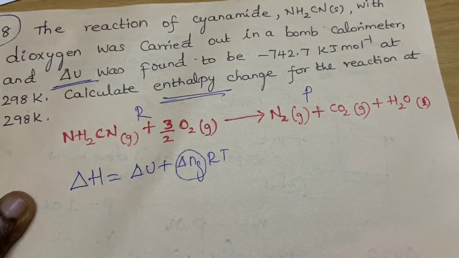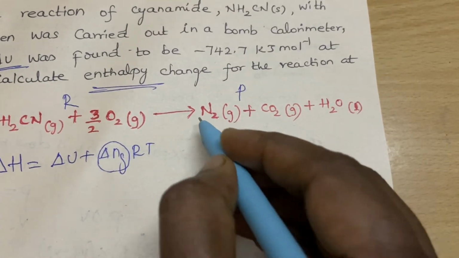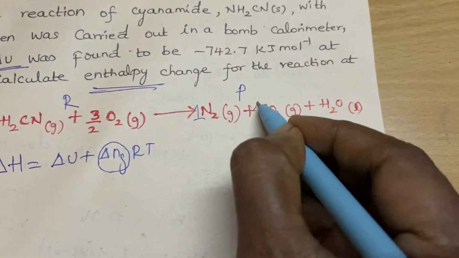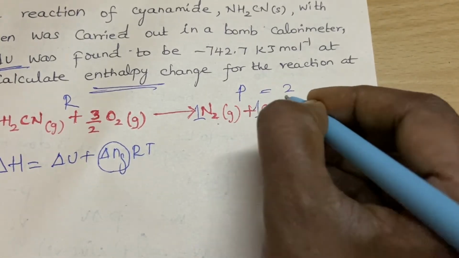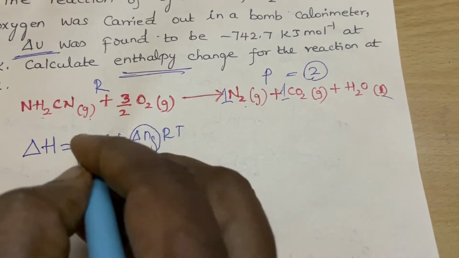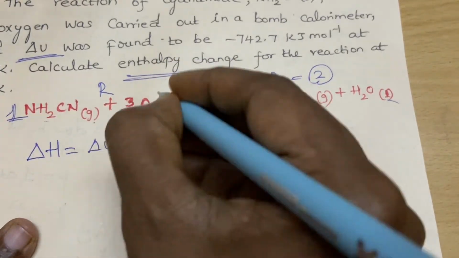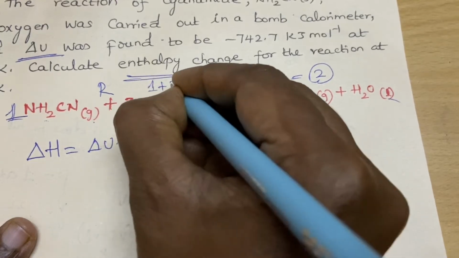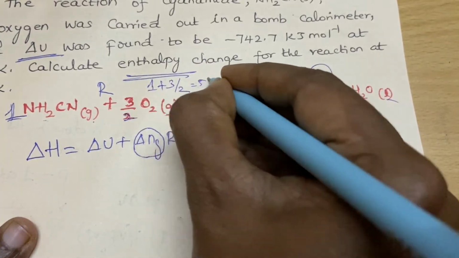To calculate del Ng, what you have to do? To know the number of gaseous molecules here. Here 1 and here 1 are the gaseous molecules, and this is liquid. So totally 2 gaseous molecules are there, and here there is 1 and 3 by 2. So 1 plus 3 by 2, what, students? If you add, it is 5 by 2.